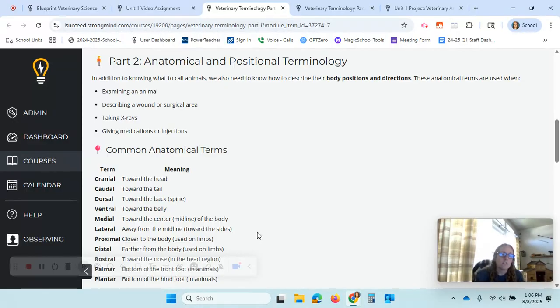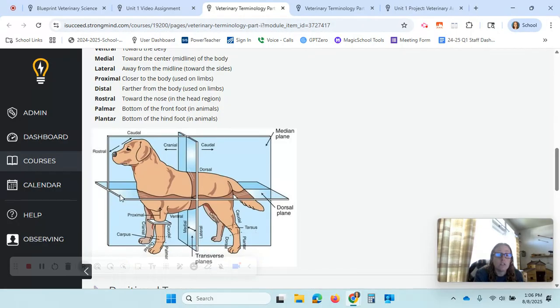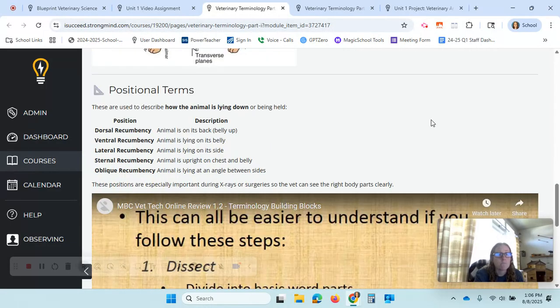All of these are common anatomical terms and directions, and you can see in this diagram the differences. When you are positioning your patient and you're in a certain recumbency, this is how the patient is lying down. You do reuse these terms throughout.